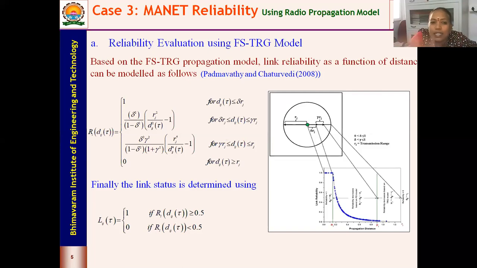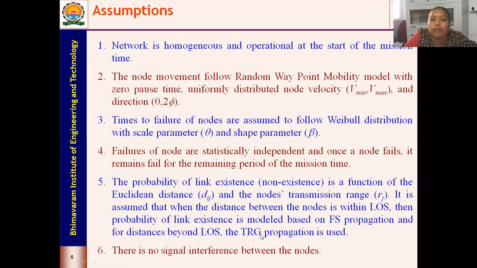So this is the way we are going to mathematically model an FSTRG model. And what are the assumptions we are going to make over here? As usual, the network is homogeneous and it is operational at the start of the mission time. I said homogeneous, it means all the nodes are alike in their specifications and characteristics. And initially all the nodes are active, so the node status is going to be 1.